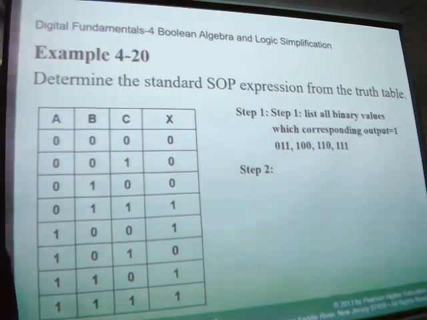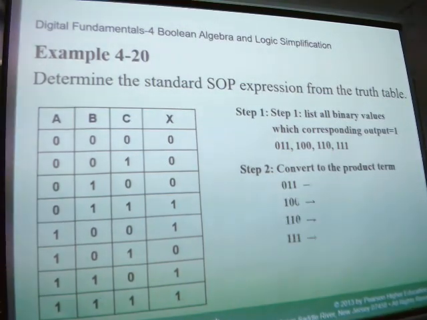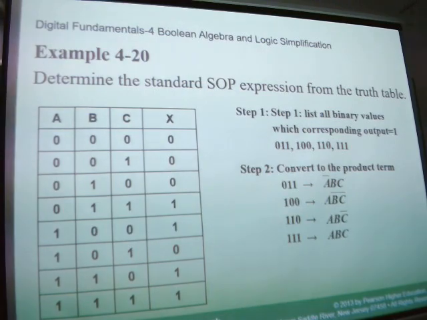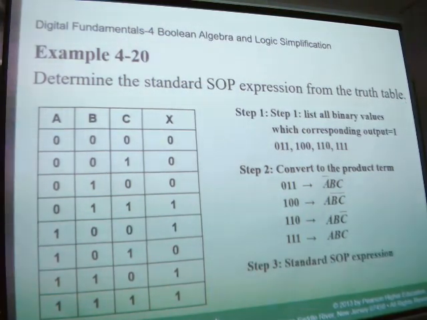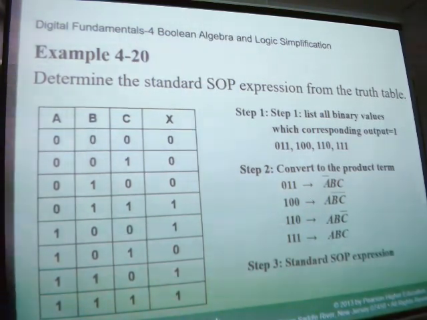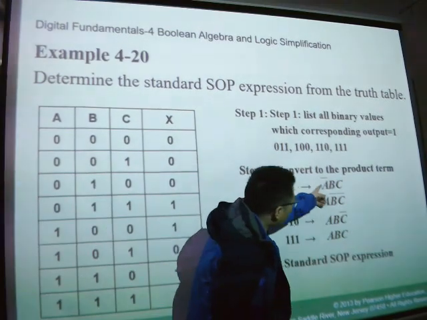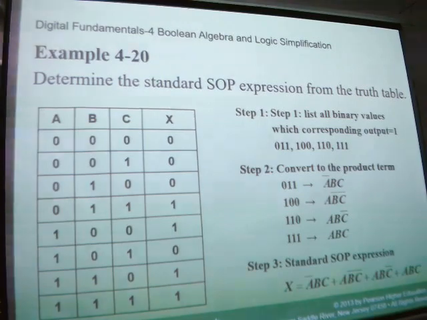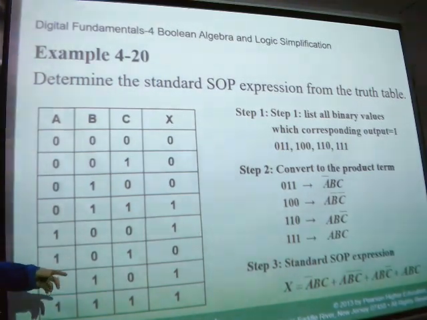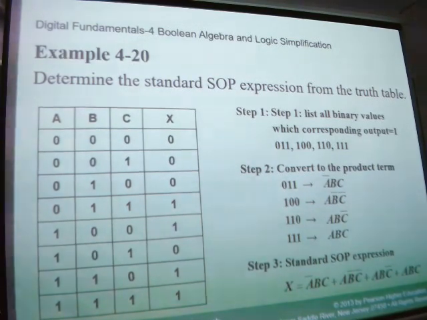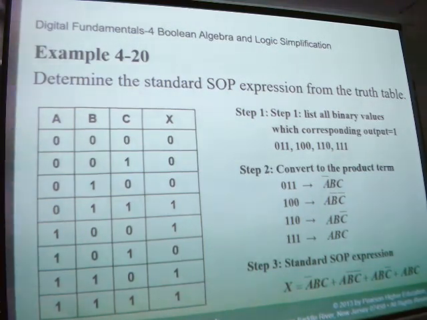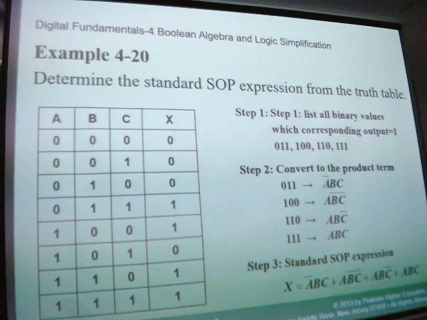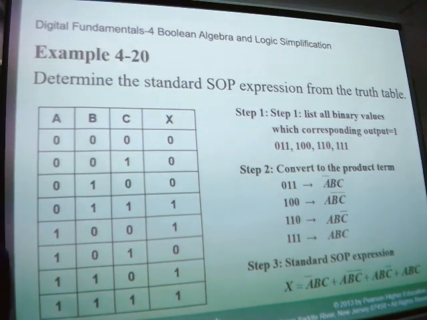A B C. And then step 3, the standard SOP expression is add the 4 product terms. So the output is X equals A bar B C plus A B bar C bar plus A B C bar plus A B C. OK.